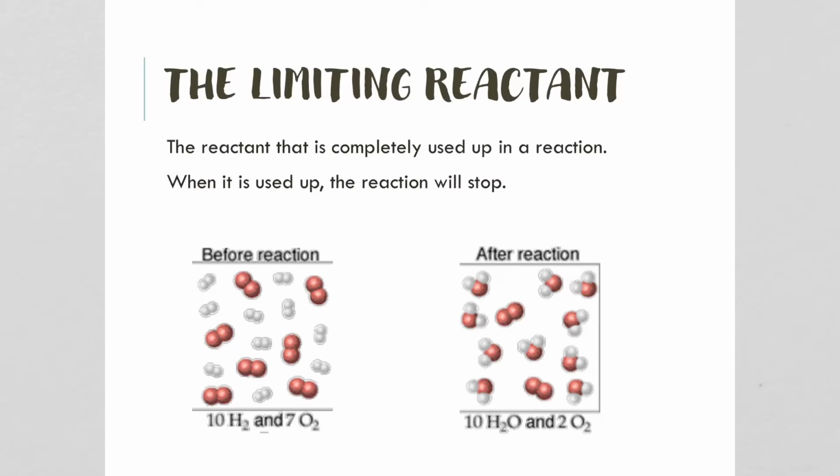But the oxygen was in excess. So in the end, we have 10 water molecules and 2 oxygen molecules left over. Not all of the oxygen was able to react because it didn't have any hydrogen to react with. So in this equation, hydrogen was the limiting reactant.